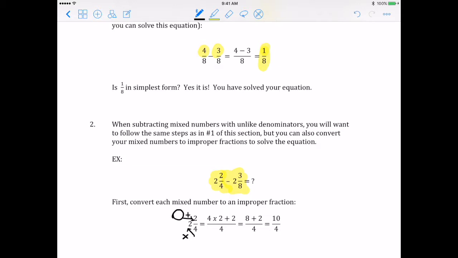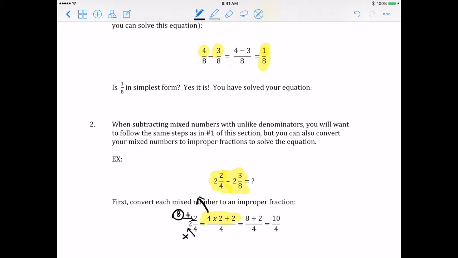So we have 4 times 2, which would be 8. So I'm going to put a little 8 in my circle, and then we would add 2 more to that. Now I showed this to you, again, like I've been doing my equations. I'm showing you what that expression would look like. So you can say 4, and this 4, that's your denominator.